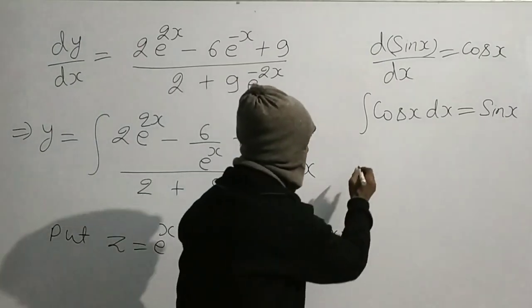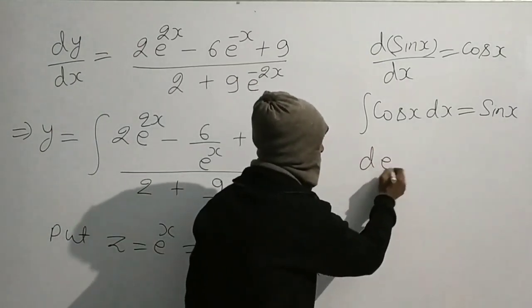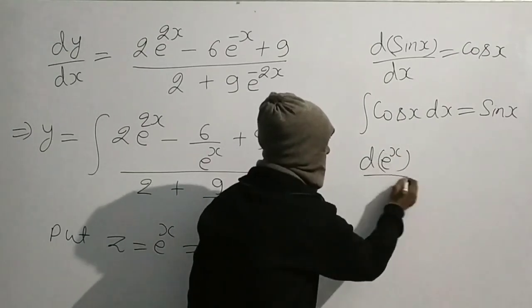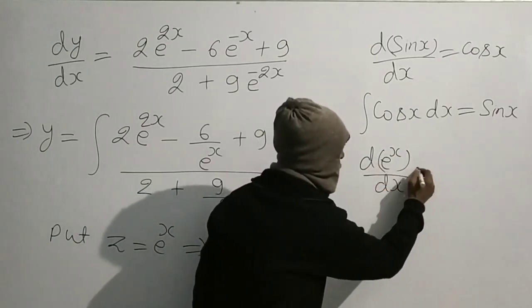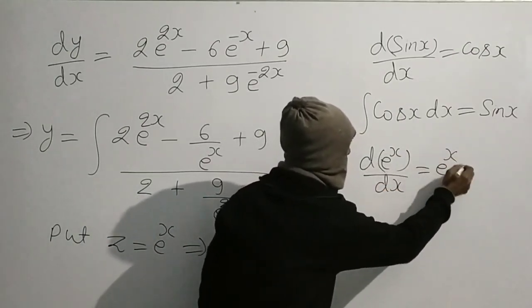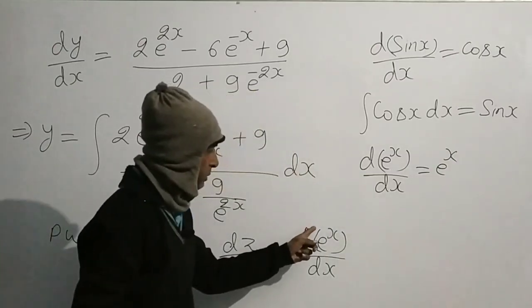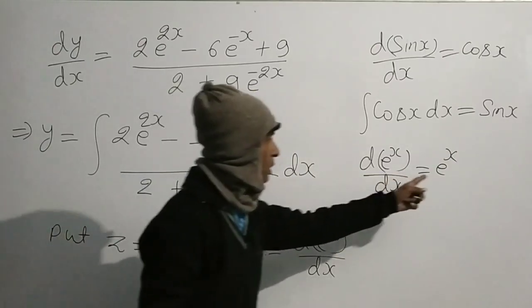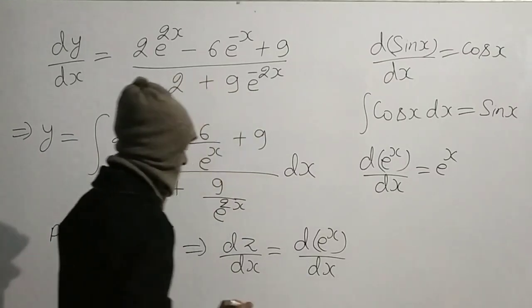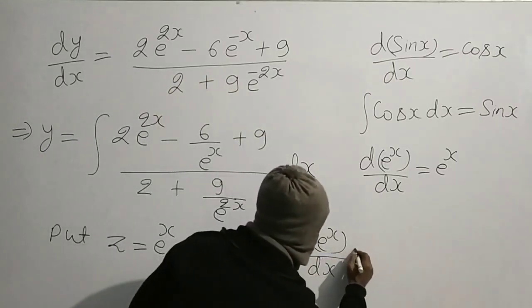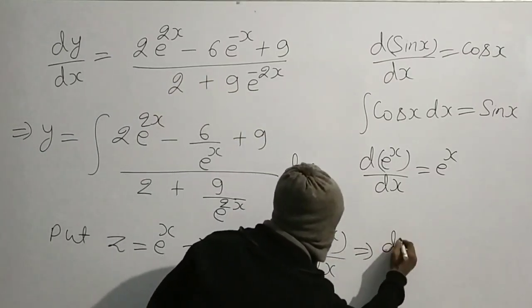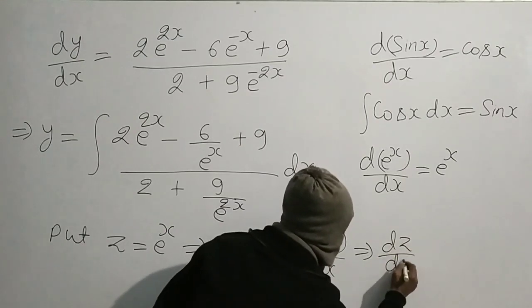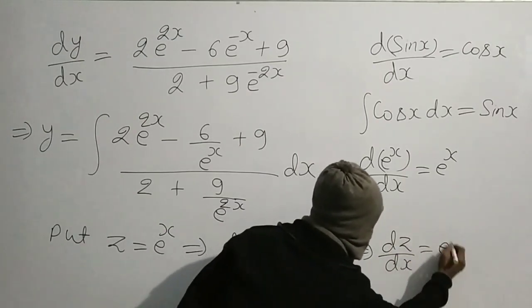But we know the formula that d(e^x)/dx is equal to e^x. So we can write that dz/dx is equal to e^x.